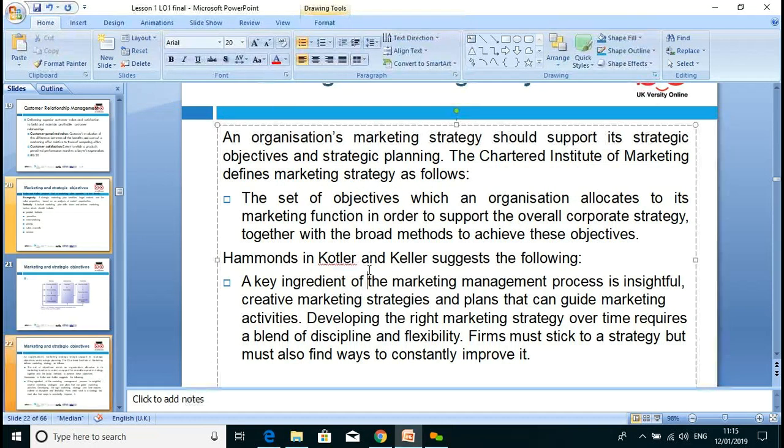So for strategic objectives, an organization's marketing strategy is more focused on the set objectives which the organization allocates to the marketing function in order to support the overall corporate strategy. As a corporate, we need to be focused on the corporate strategy to achieve our organization's objective.